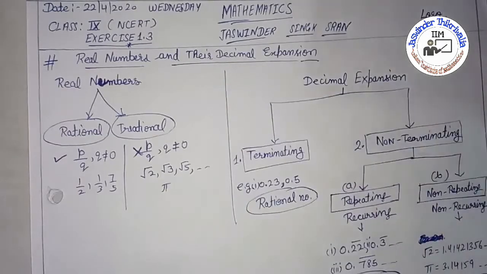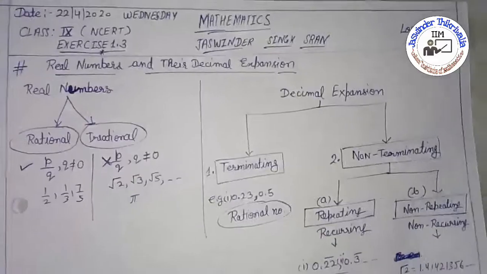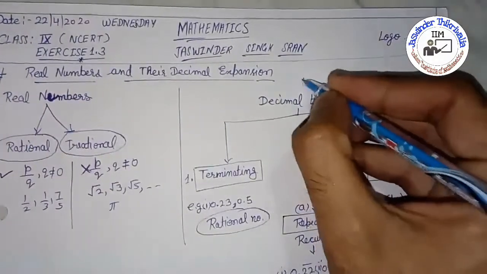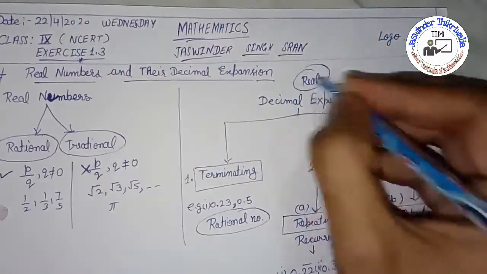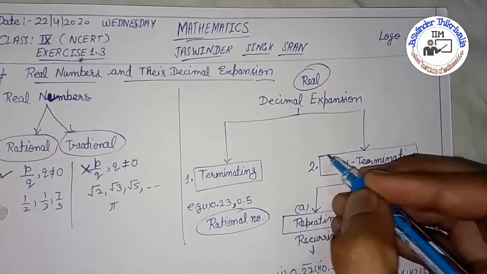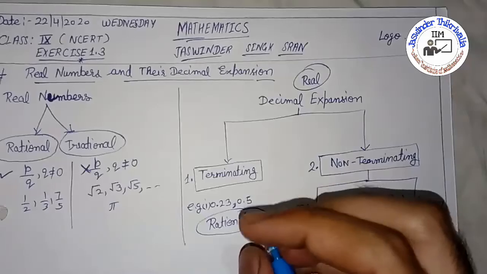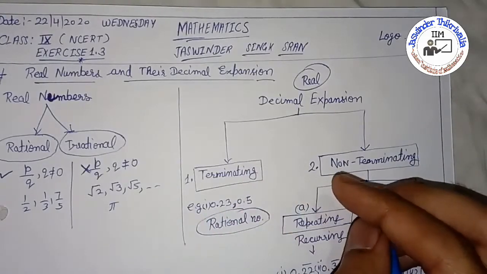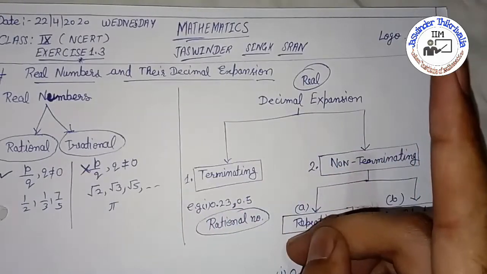First of all, the decimal expansion of a real number is of two types. The first one is terminating, the second one is non-terminating. In my previous video you have seen what terminating and non-terminating are; its link is given here in this icon button.